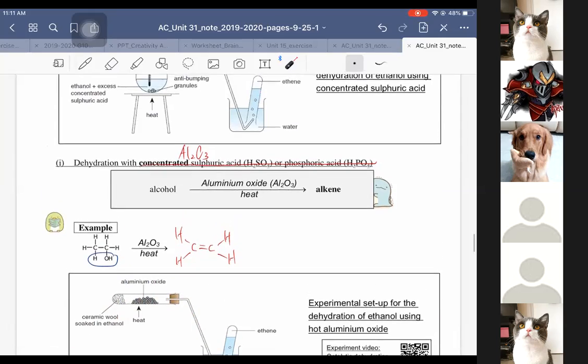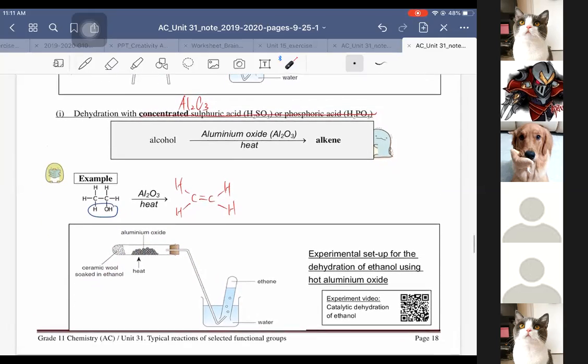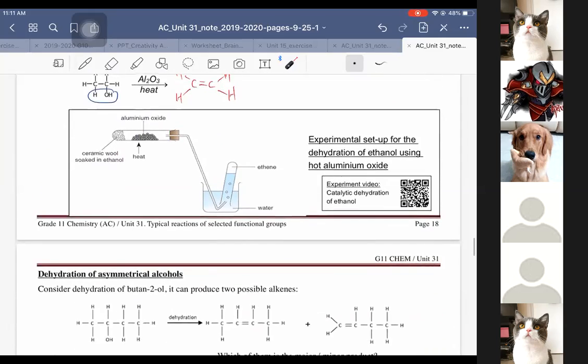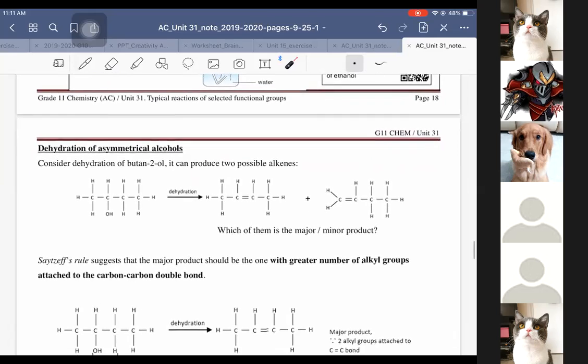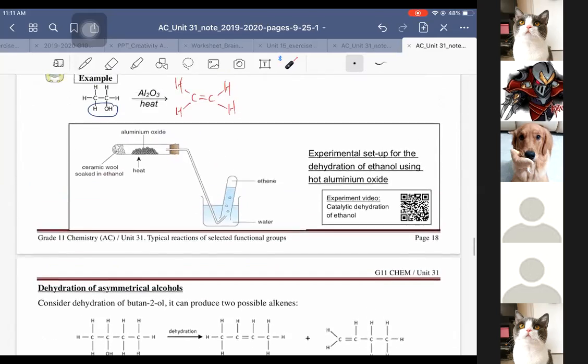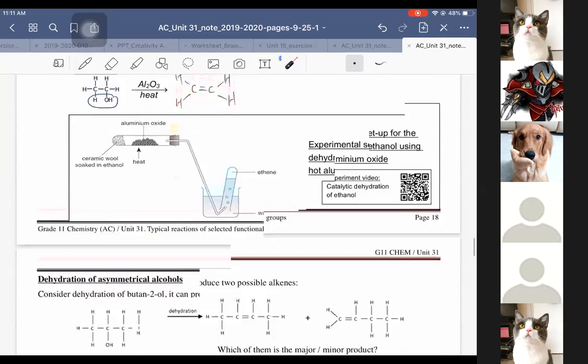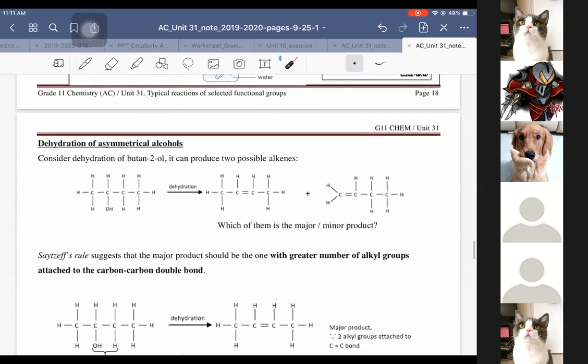So the reagent and the mechanism are pretty straightforward. But one thing you need to pay attention to: if we have a symmetric alcohol, then it's going to be easy. It doesn't really matter which hydrogen it would take.